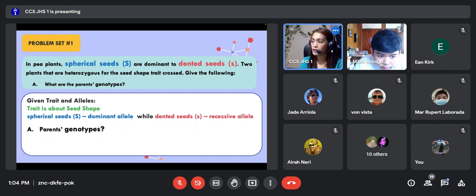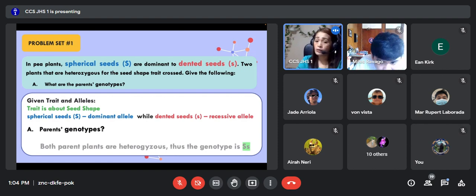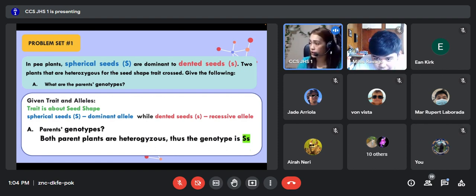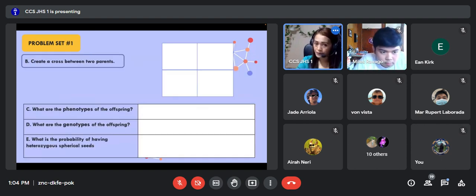Capital S, small s. Okay, very good. Since both parents are heterozygous, that means they are both carriers of spherical and dented. However, what is seen or expressed on the organism is simply the spherical characteristic.